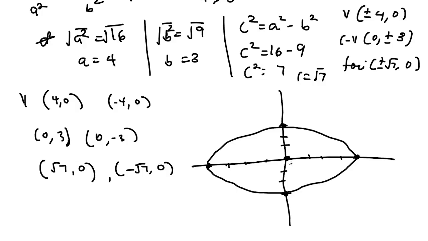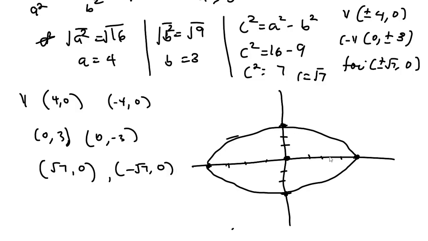Then in this case, we need to locate root 7, our focus. It is both positive and negative, and approximately will be around 2.65. So let's say 1, 2 point.